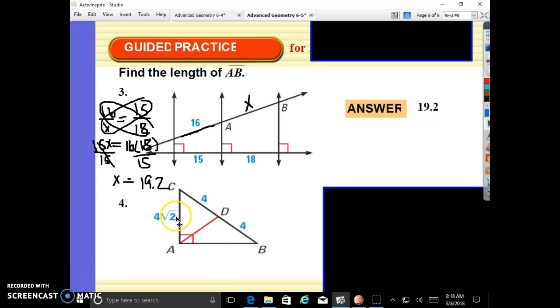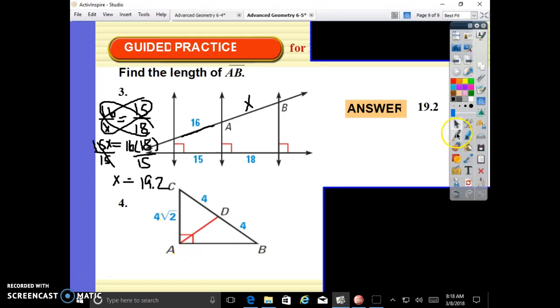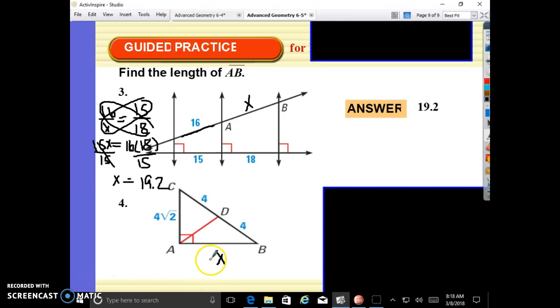And on our next one, we are solving for AB. Because this one's a right angle, we are allowed to use the whole hypotenuse is to the leg, as the leg is to the part of the hypotenuse closest to it.